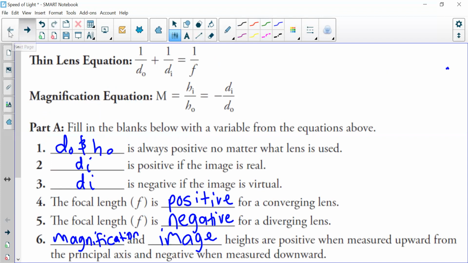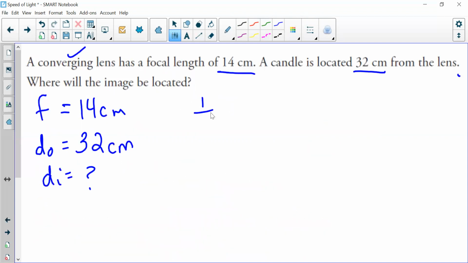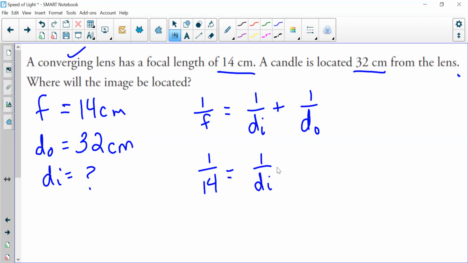Thin lens. Very good. So 1 over F equals 1 over DI plus 1 over DO. So 1 over 14 equals, I don't know DI, and DO is 32. Who can walk us through the steps to solving this equation?